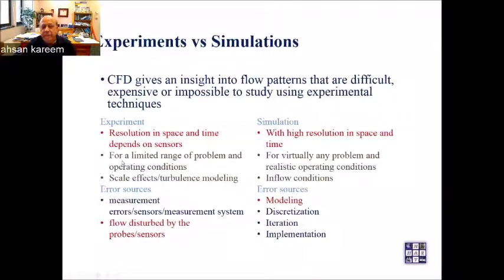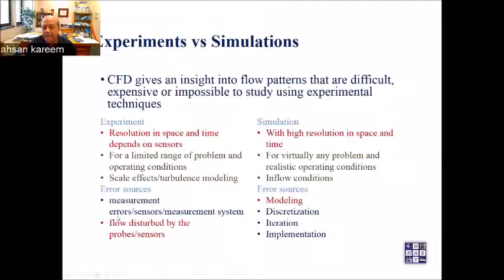Experiments are limited by the type of problems, but practically there is no limit on the CFD side. We have scale effects and turbulence modeling issues in wind tunnel, and we have inflow conditions and how they match our computational scheme, which has also some issues which people have not explored yet. Error sources, I think one of the biggest sources of error is the flow disturbed by the probes when we are doing experiments.